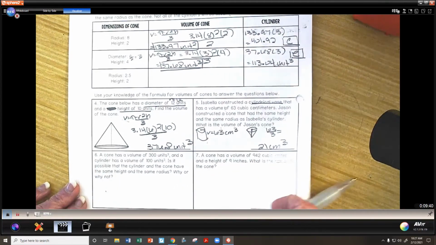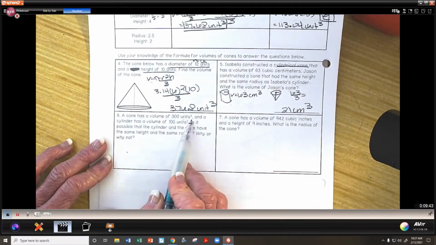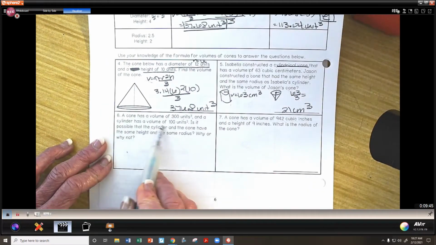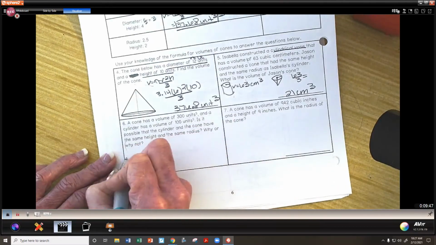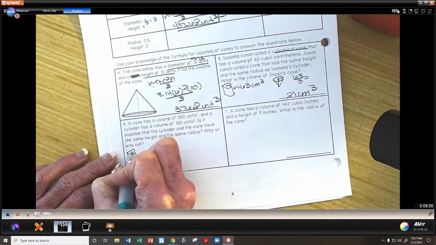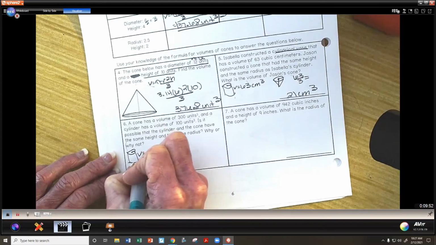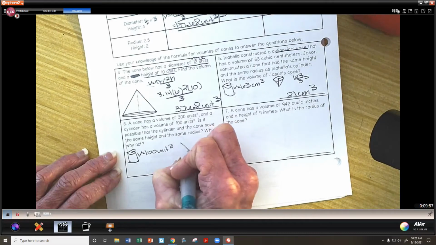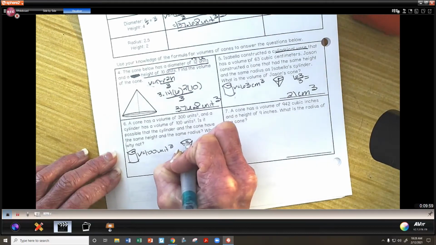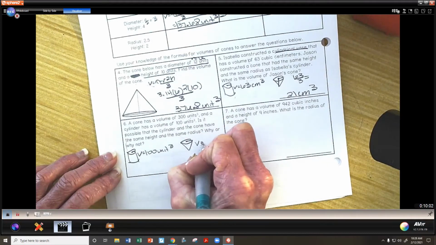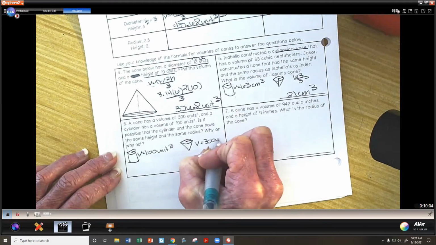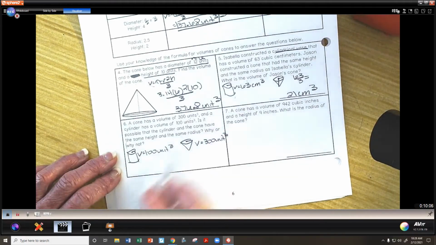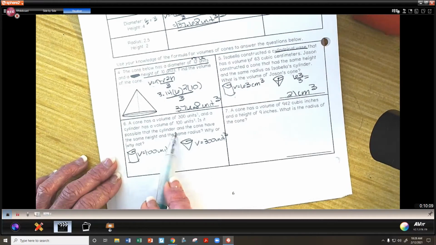All right, a cone has a volume of 300 unit cubes, and a cylinder has a volume of 100. So we have a cylinder with a volume of 100 unit cubes, and we have a cone with a volume of 300 unit cubes. Is it possible that the cylinder and the cone had the same height and same radius? Why or why not?